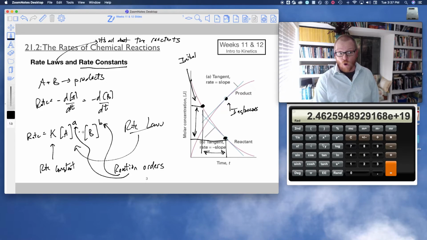But if you don't know what the mechanism is, if you don't know what the fundamental elementary steps are, then you can't say that these reaction orders are equal to the stoichiometric coefficients, right? You have to do the experiment. So reaction orders are often determined experimentally.